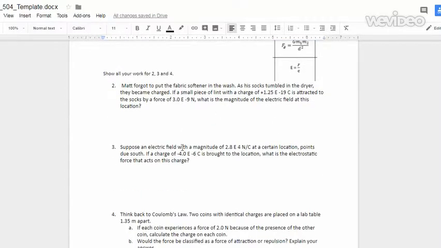Moving on to questions 2, 3, and 4, what we're looking to do is solve for the unknown. Be sure to list your variables and identify the variable being given.